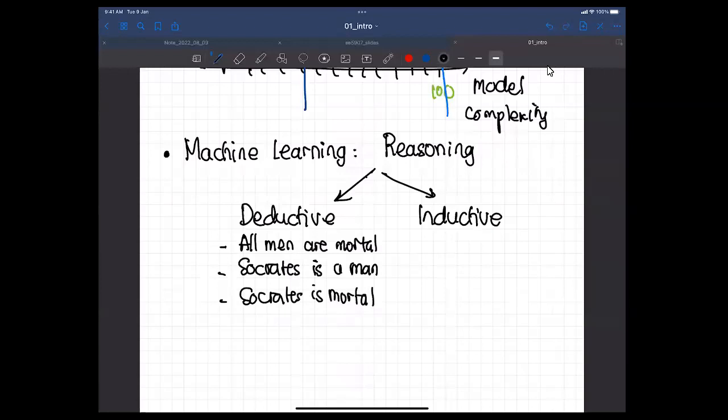So what is inductive? Anyone give a shot? What is an example of inductive learning? Well, I can give you an example here. To be specific, all fonts we have seen are white.